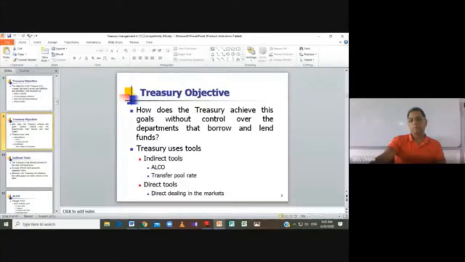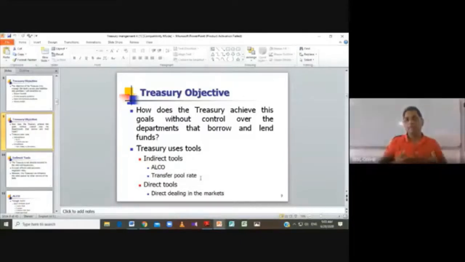What I told you earlier about raising money on a debenture or lending money to a different person instead of the bank's clients are what we call direct tools. You go into the market, you issue corporate debt, and you borrow. Those are direct tools.